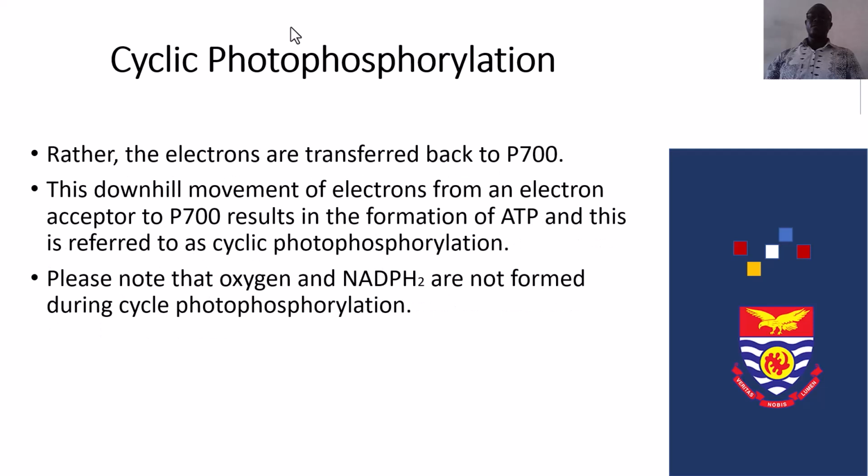Rather, the electrons are transferred back to P700. This downhill movement of electrons from an electron acceptor to P700 results in the formation of ATP, and this is referred to as cyclic photophosphorylation. Please note that oxygen and NADPH2 are not formed during cyclic photophosphorylation.